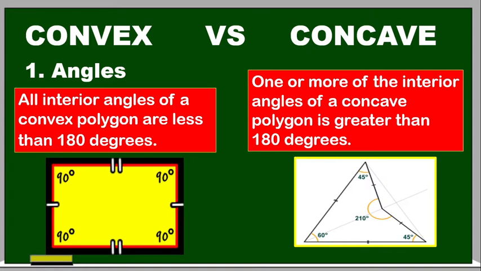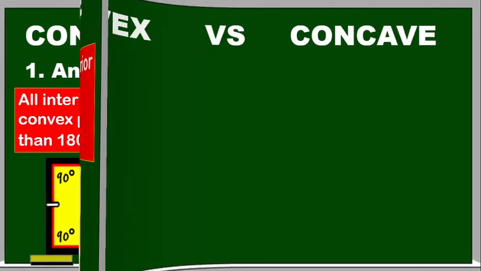So we have 4 segments. The angles are 45 degrees, 60 degrees, 45 degrees. But one angle is more than 180 degrees, and that is 210 degrees. So this figure makes a concave polygon because one of the interior angles is greater than 180 degrees.